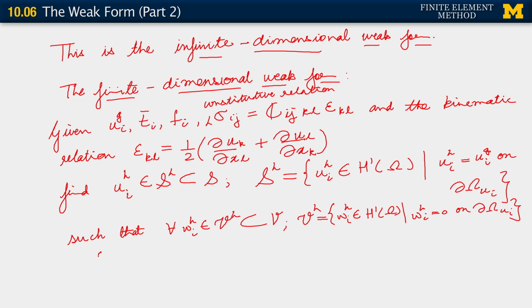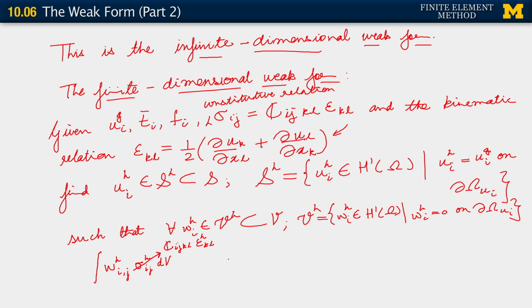The weak form that we wrote before, except with all the relevant fields replaced with their finite dimensional versions: the integral of w^h_i,j sigma^h_ij dV. We recall here that sigma^h_ij is simply computed as C_ijkl epsilon^h_kl. And what is epsilon^h_kl? It is just obtained from this relation with u^h.